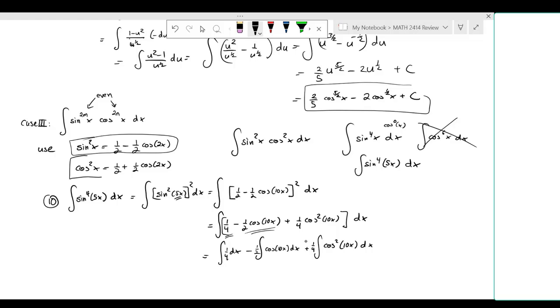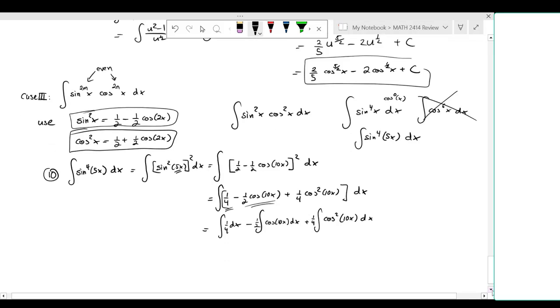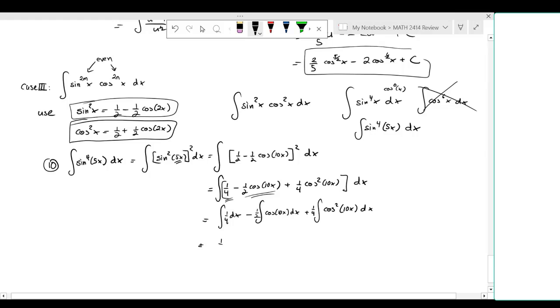So we're going to use the power reducing identity for cosine squared once again. So let's just go ahead and anti-differentiate the first two terms, and then use the power reducing identity for the third integral. So 1/2 plus 1/2 cosine, double the angle. So it was 10x, now it's 20x.